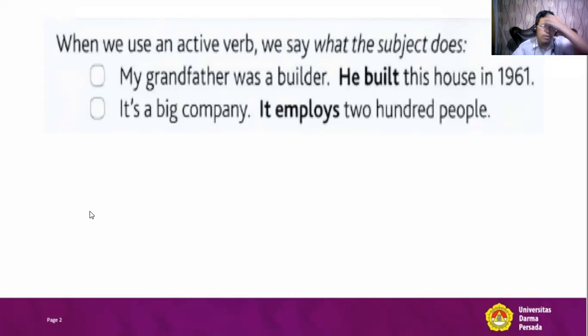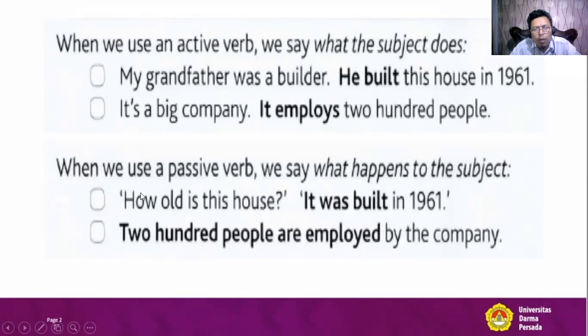Now we compare with this one. When we use a passive verb, we say what happens to the subject. Everybody see this one. It was built in 1961. As everybody can see, we have the combination of was and then built.